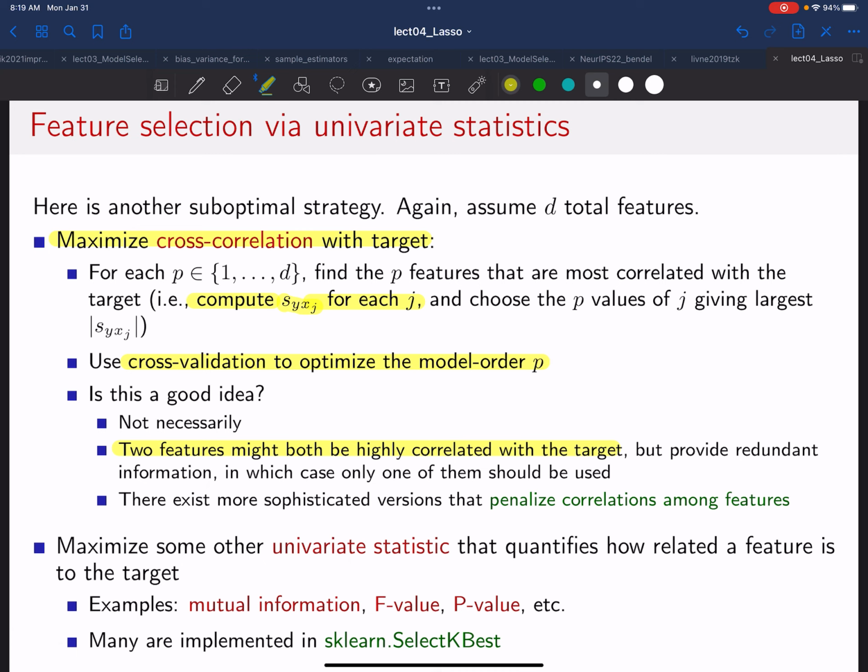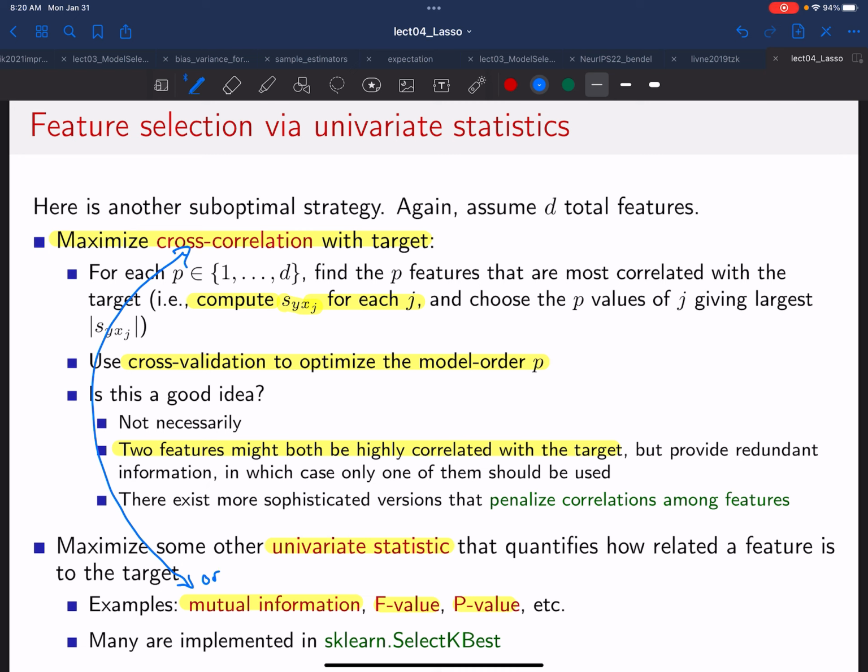So now you could also replace correlation with some other metric, and they call these in general univariate statistics. By univariate, what that means is you're just comparing two variables, and you get one scalar statistic. Common examples of this would be mutual information, or f-value, or p-value. So you are just replacing cross-correlation with something else. That's the main idea.